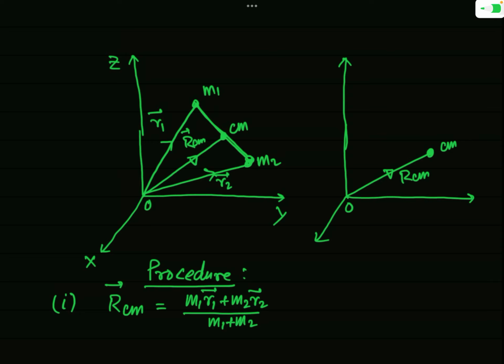Now we will take this center of mass as origin, and with respect to it, locate a point whose position vector is R. And you have seen R is actually R1 minus R2.